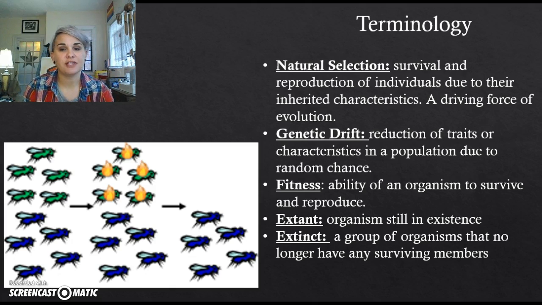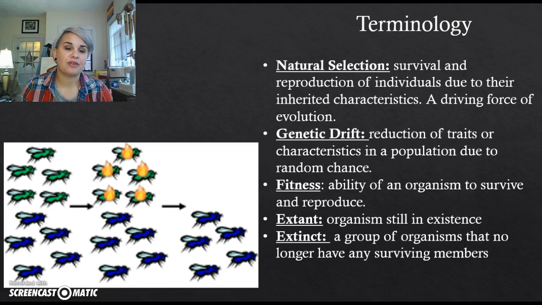All right, so let's look at some terminology. Natural selection. This is survival and reproduction of individuals due to their inherited characteristics. This is a driving force of evolution. And then we have genetic drift. This is a reduction of traits or characteristics in a population due to random chance.